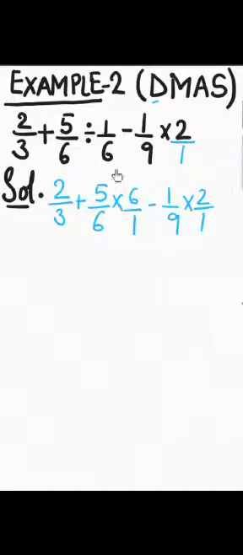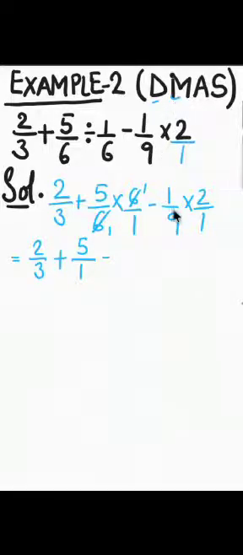Now we are going to solve this. 6 and 6 can be reduced 1 times by 6. Now let's move forward. This is 2 by 3 plus 5 multiplied by 1 is 5 again, and in denominator 1 multiplied by 1, so that remains 1, minus, now we have done division, so we have to do multiplication now.